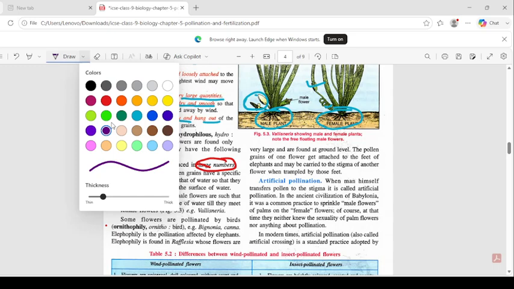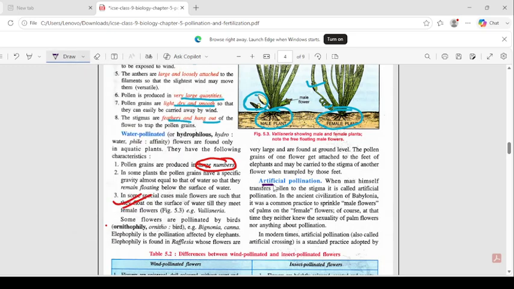Here we are moving with the next, or you can say last topic for today, that is artificial pollination. Rather we can call it artificial hybridization. Three major steps we are following here: emasculation, bagging and tagging. When we talk about artificial pollination, we are doing it manually.